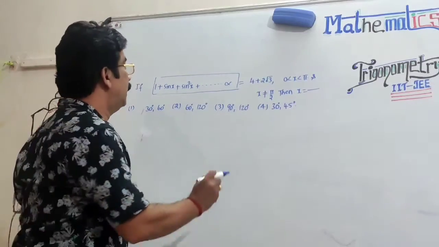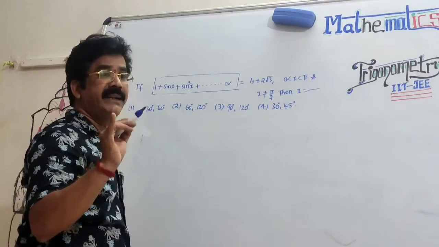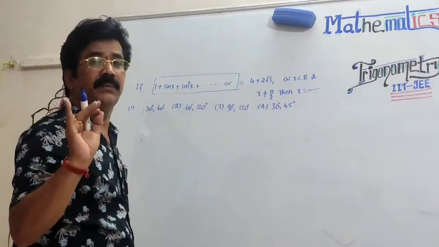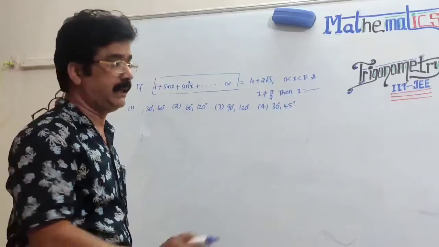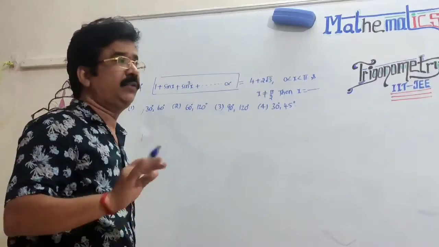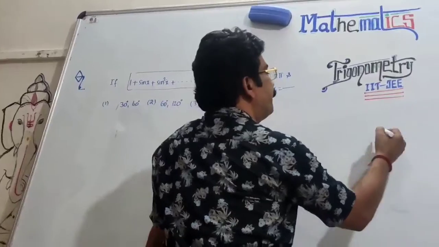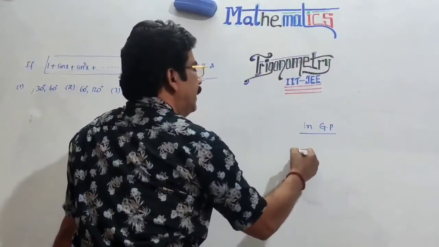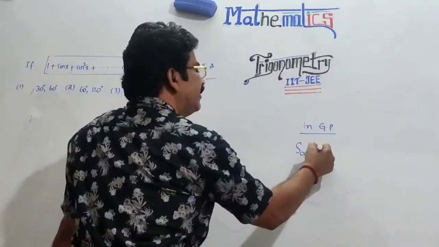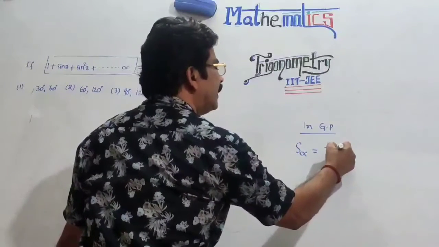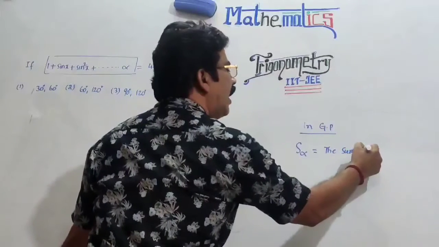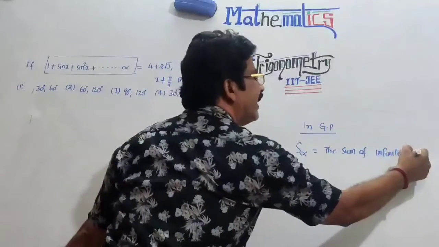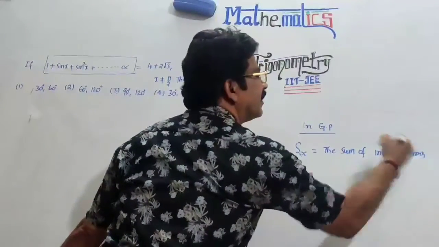Right, 1 minute. And so on infinity means, 99.9999%, it is a geometric progression, GP. Already explained about GP. In a geometric progression, infinity means the sum of infinite terms.